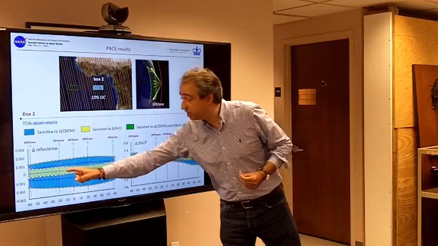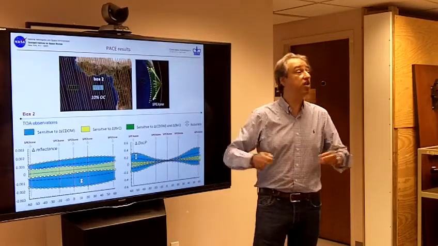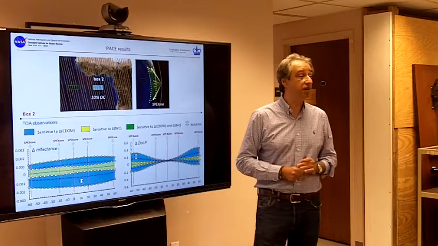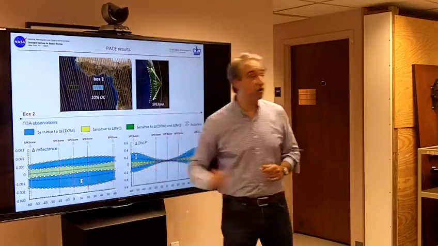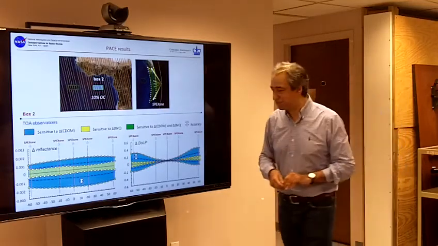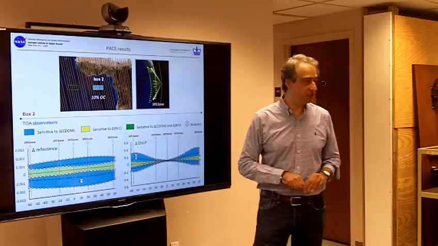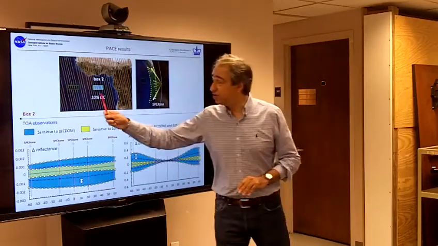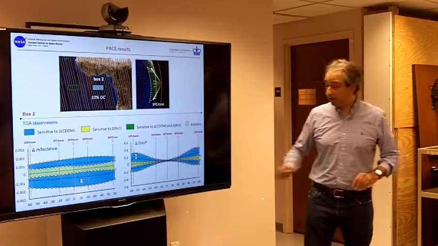And you're going to be seeing more sensitivity to changes in brown carbon, because you simply have more brown carbon there. But still, for this particular case, you still see a lot of blue for each viewing angle, which essentially means that you can still do a nice job in retrieving CDOM if you have only 10% of the organic carbon that is brown carbon.